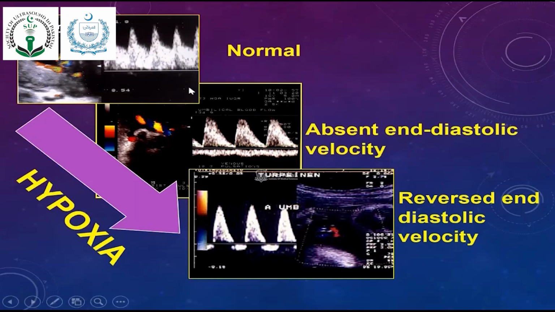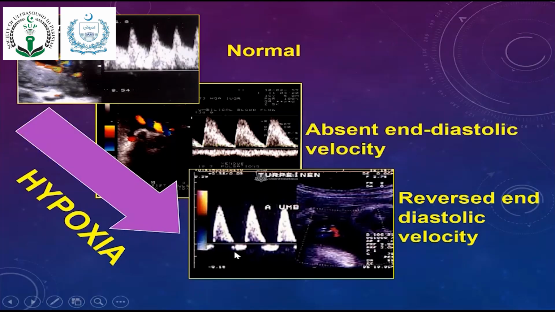Here you can see the normal. With gestation, as I mentioned, it will keep on increasing. Then there is absent end diastolic velocity, and then the reverse. When we get reverse end diastolic velocity, that indicates severe IUGR or hypoxia.